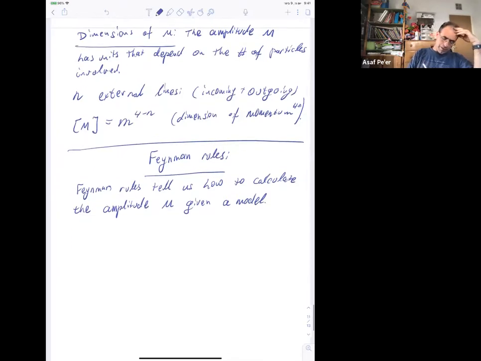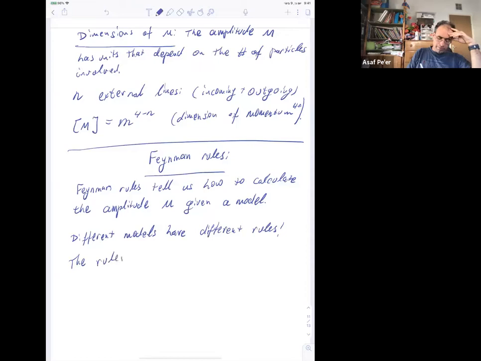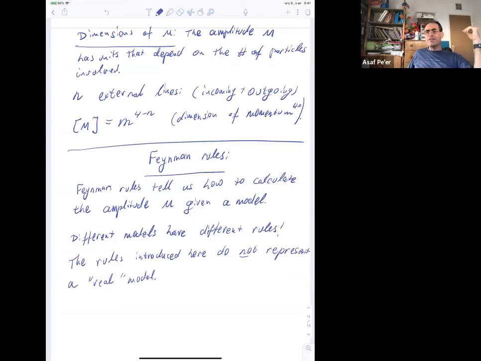So different models, different rules. The rules introduced here won't represent a real model, but as you're going to see, they are very similar.